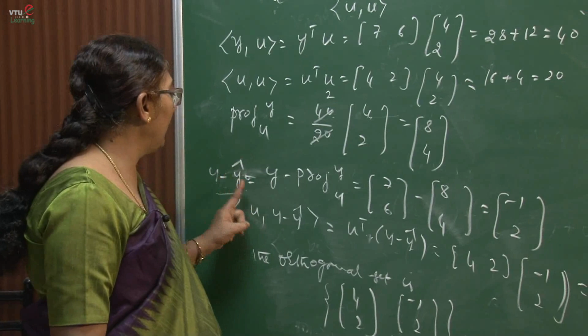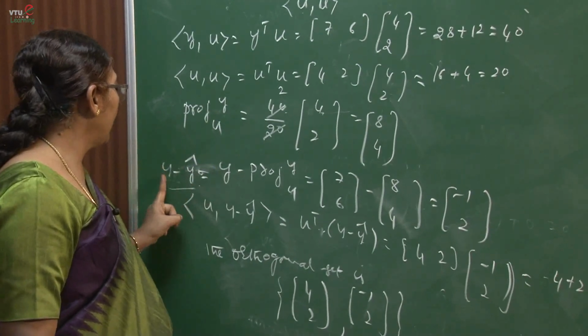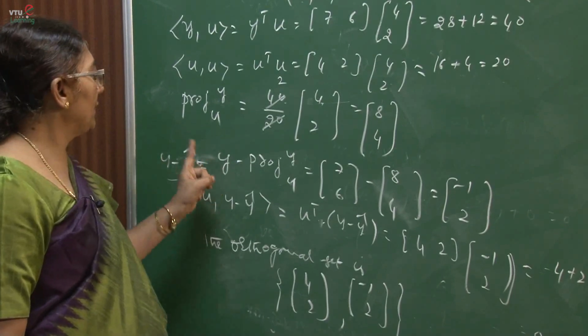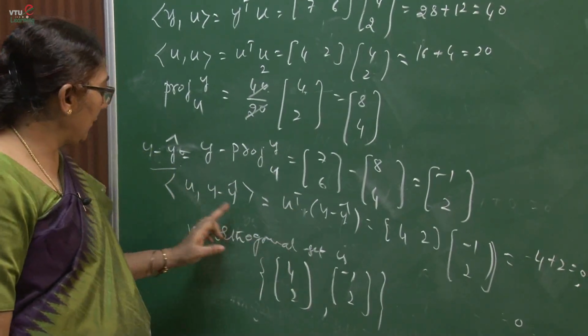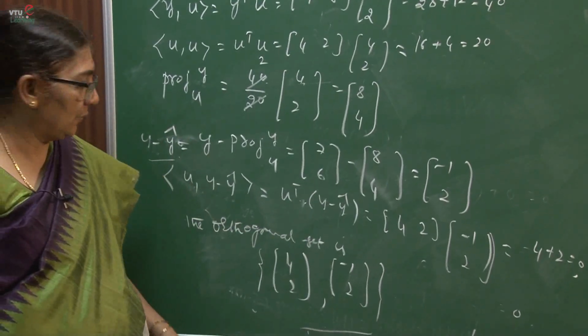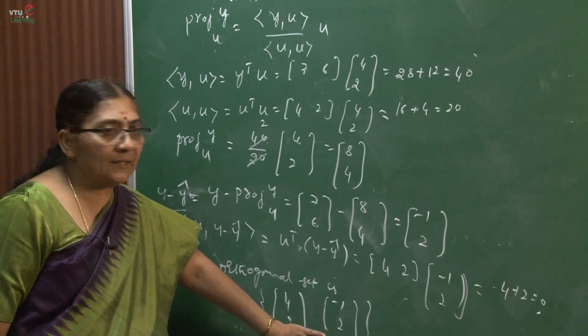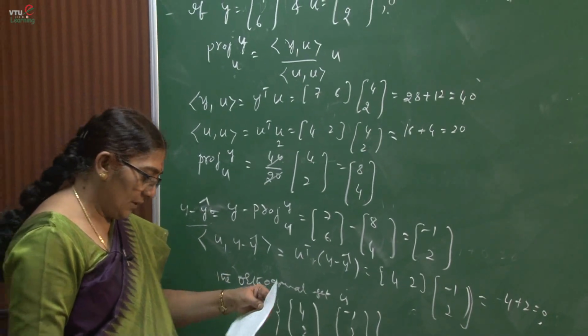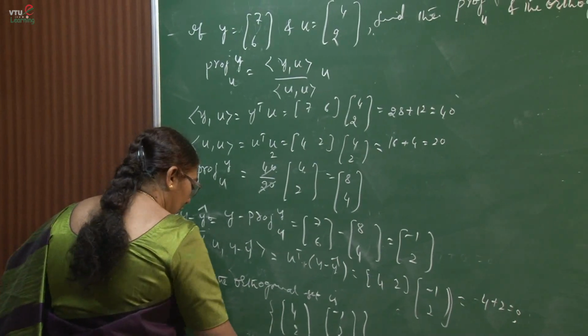You find y minus y cap, the component of y orthogonal to u. Its inner product with u must be 0. So the set of vectors u and y minus y cap is an orthogonal set. Now I'm going to take the last problem based on this projection.